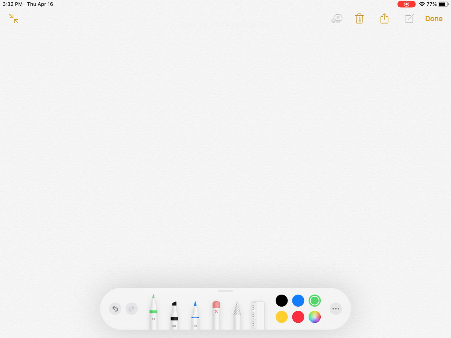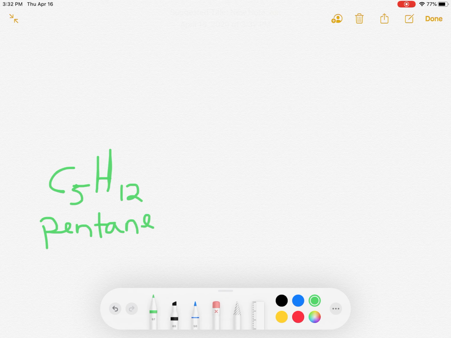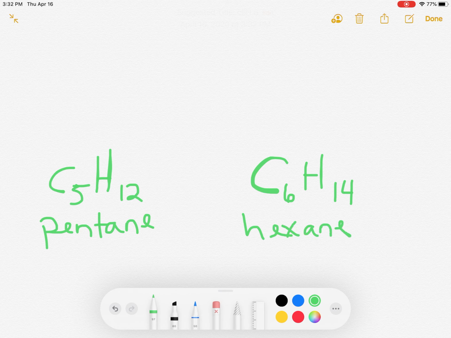Okay, and then the next one said, would you expect the viscosity in pentane, so pentane has 5 carbons, this is pentane, to be larger or smaller than the viscosity in hexane? Hexane has 6 carbons. Both of these just have carbon and hydrogen, so they're nonpolar molecules.